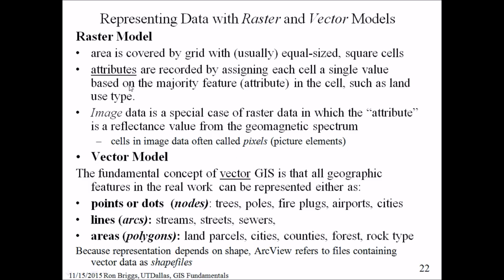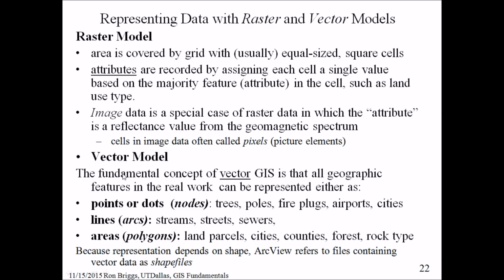And image data is a special case of this raster data, in which the attribute is a reflectance value from the electromagnetic spectrum. So the cells in image data are often called pixels, or picture elements.